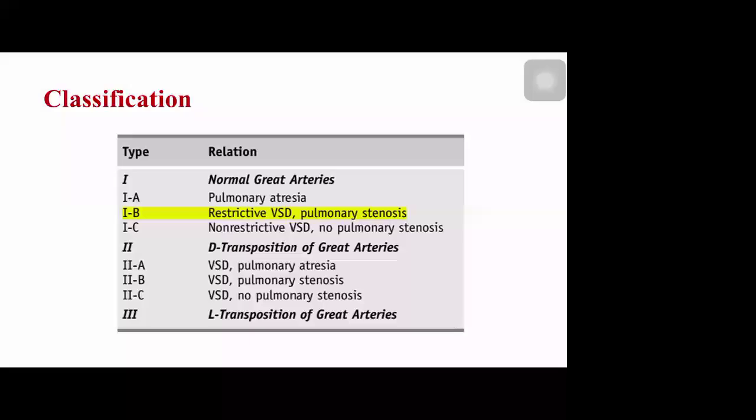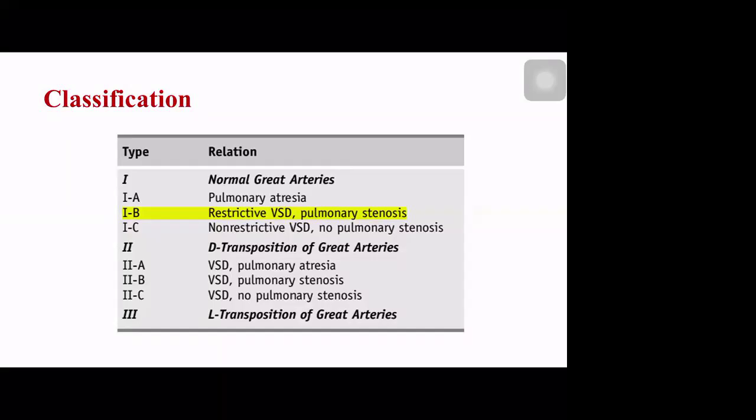In type 2, which is DTGA, again it is subclassified into three types. In all the three subtypes of type 2, there is presence of VSD. In type 1A there could be absence of VSD, but in all types of type 2 there is presence of VSD.